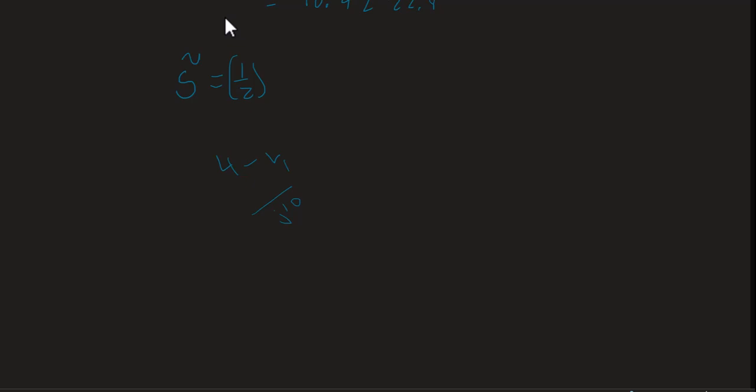But I actually was using the value of VL. Since I had the value of VL, I already had the change of the voltage across the inductor. I could in fact just use VL over J10.